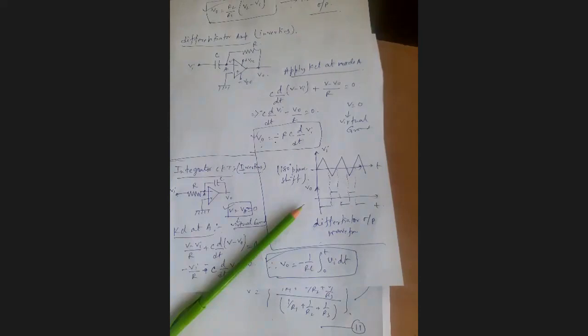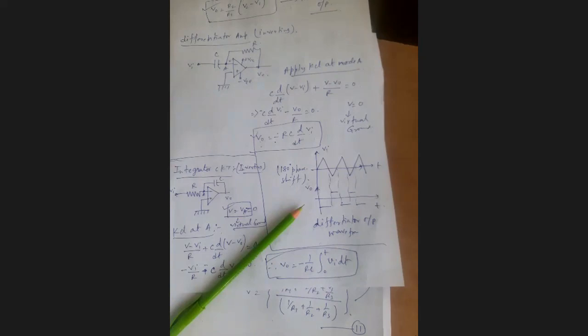We apply the voltage at terminal 2. When we apply the voltage at terminal 2, it is considered inverting. If we apply the voltage at terminal 3, it is considered non-inverting. Here we apply the voltage at terminal 2, so input and output are inverted in nature, a 180-degree phase shift.